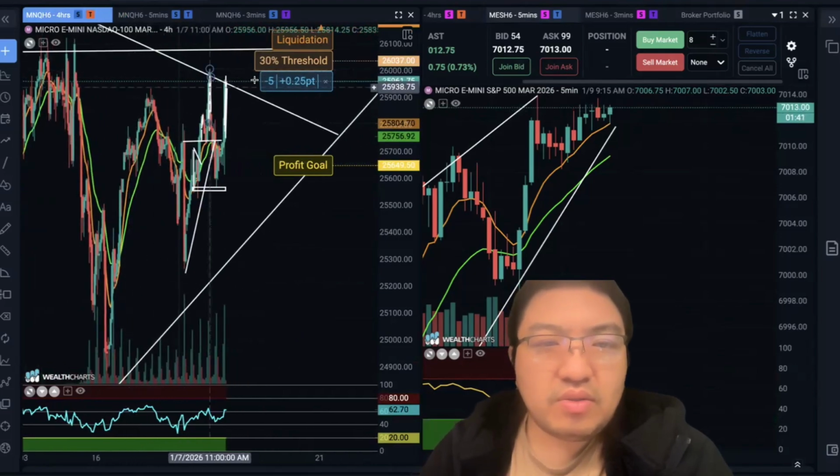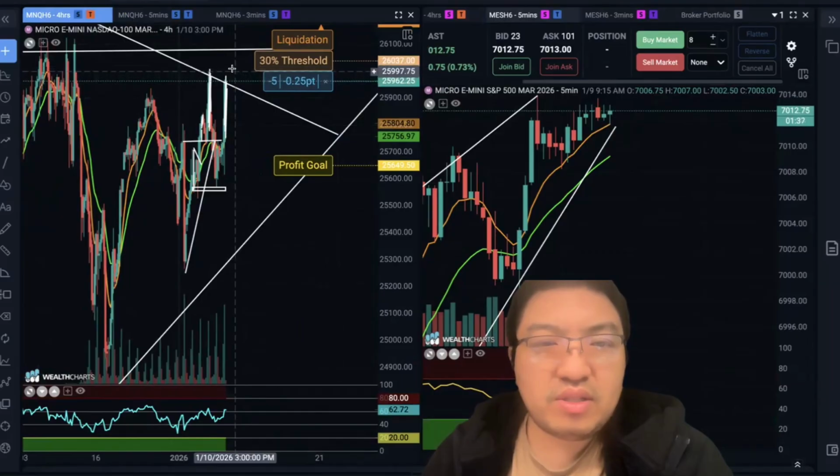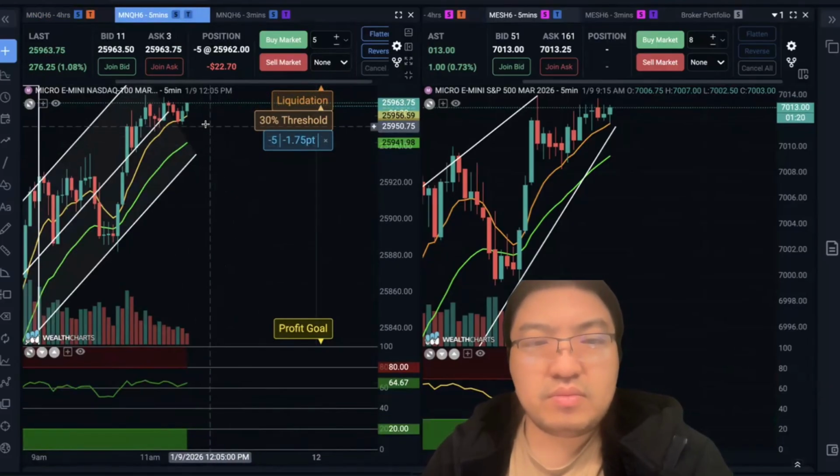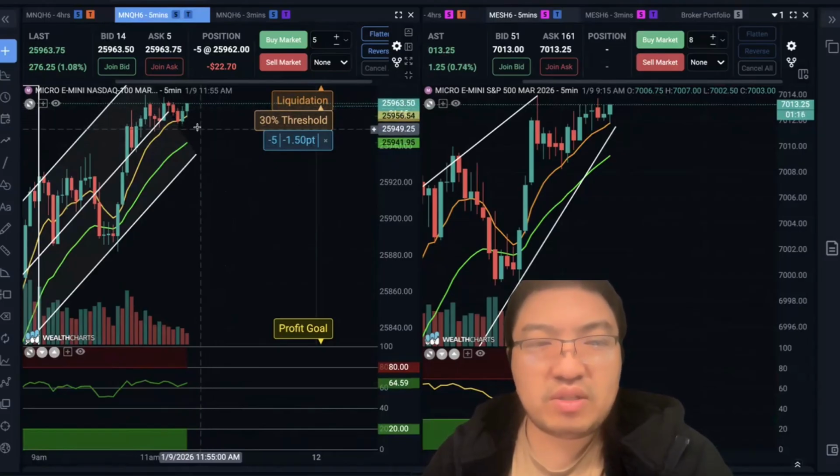I don't know. I don't see the downward confirmation signal, so this is very risky to try here. And there's still so much space. If it goes to here, I would not be surprised. This is a previous resistance. So maybe I should be more conservative and wait for the confirmation signal, and then go short.